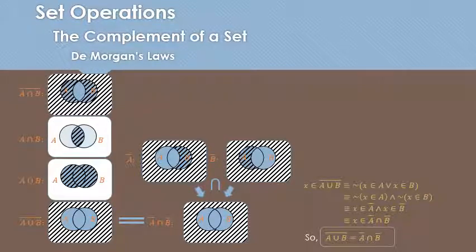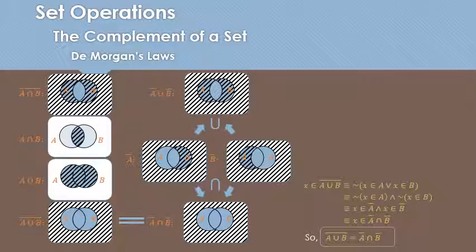So we'll do the same thing now with the complement of A intersect B. That looks like this. And now we want to figure out how we can combine A complement and B complement to get that set. Well, if we take the union of them, stuff that's in either A complement or B complement, we get this set, which is the same thing as what we started with.